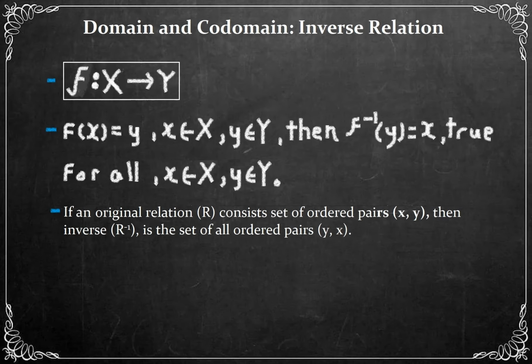In a similar way to defining a surjective function, we can narrow what we just said as the following definition. If an original relation R consists of a set of ordered pairs x and y, then the inverse relation R inverse is the set of all ordered pairs y and x, which says the domain of R inverse is the codomain of R, and the codomain of R inverse is the domain of R.